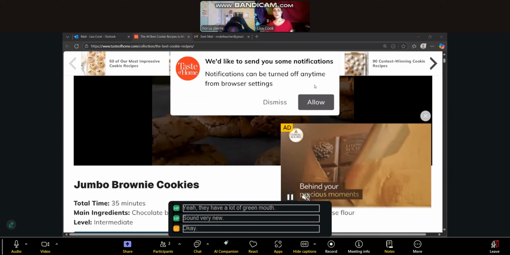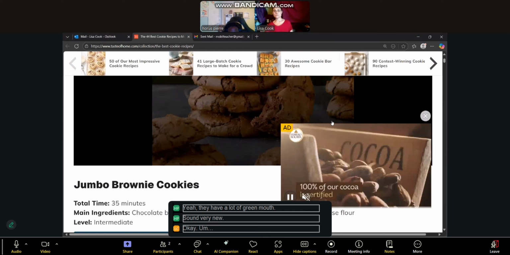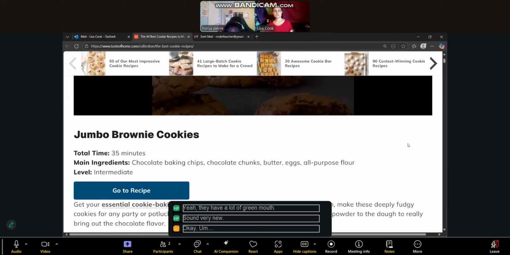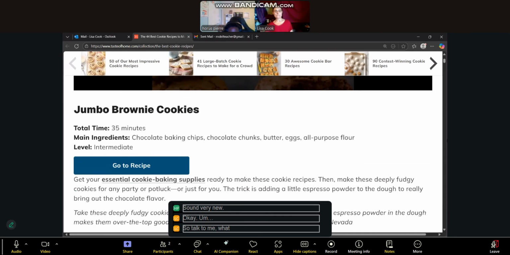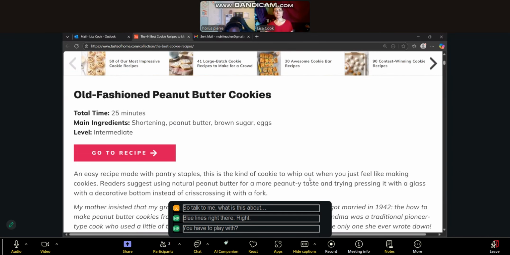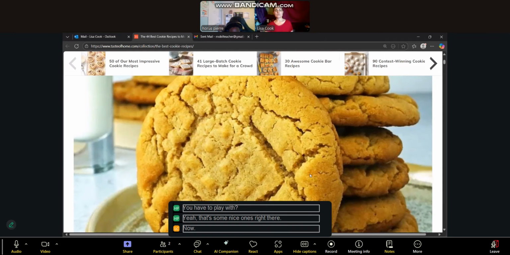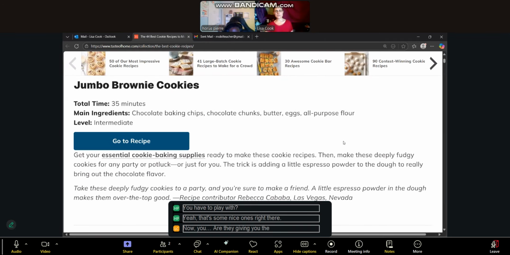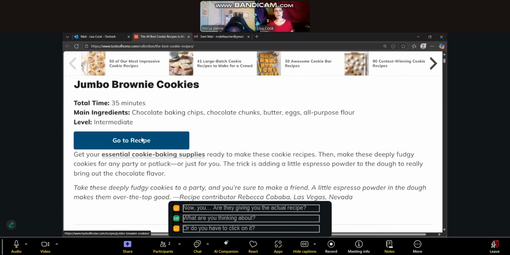Okay. So talk to me. What is this about? Now, are they giving you the actual recipe or do you have to click on it? You have to click on it. So what is this telling you right here?